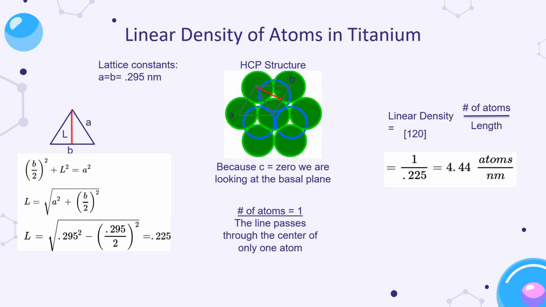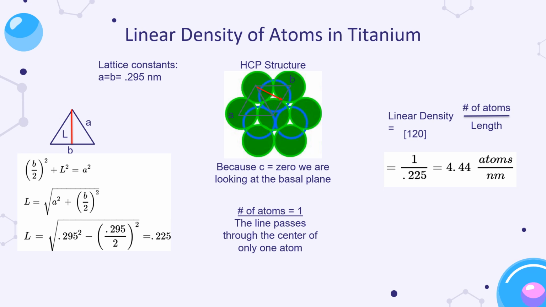Now let's look at titanium. The linear density formula doesn't change, but because the structure of titanium is hexagonal close packed, we have to take a slightly different approach to find the length of L. The bottom plane of one unit cell for titanium is a parallelogram, with equal sides a and b. Titanium has a lattice constant for a and b of 0.295 nanometers.